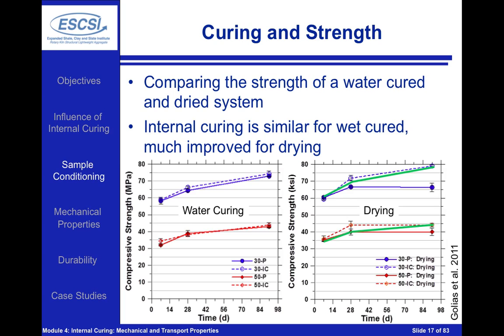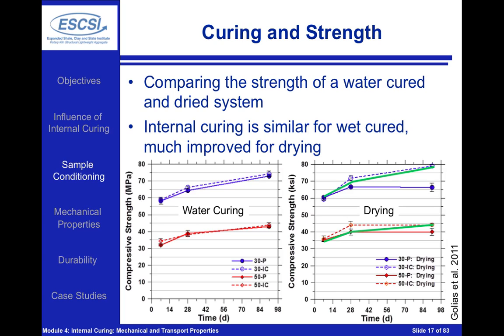Whether it's water cured or not, whether it's internally cured or not, when you're water curing, there's a sufficient amount of water being supplied to the system that's going to hydrate more and more of that cement. So both of these systems are sitting in water, which allows the concrete to draw additional water from the surroundings, filling in the pores.